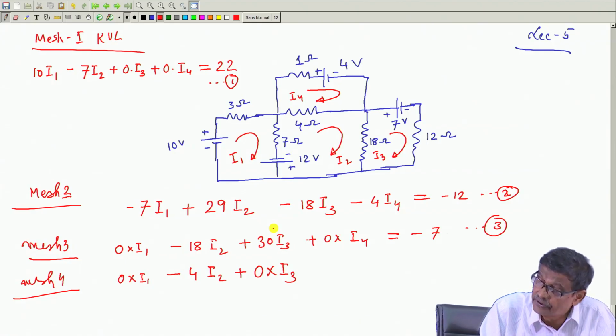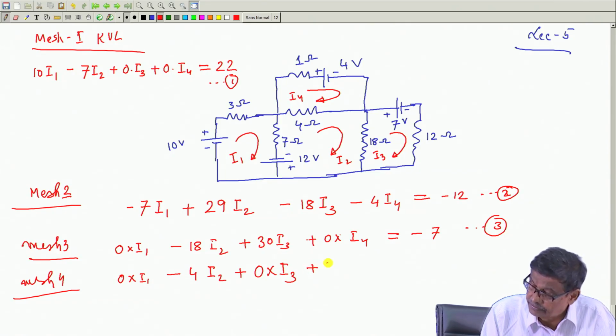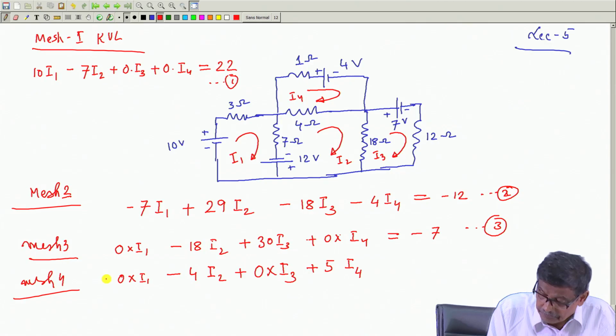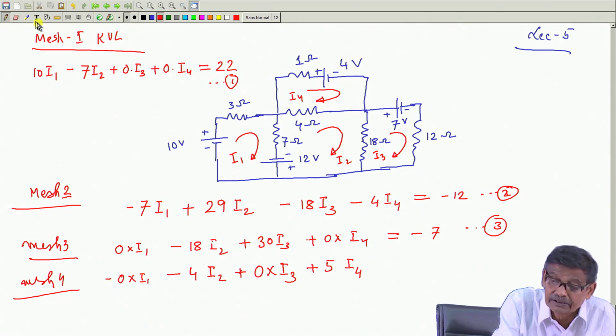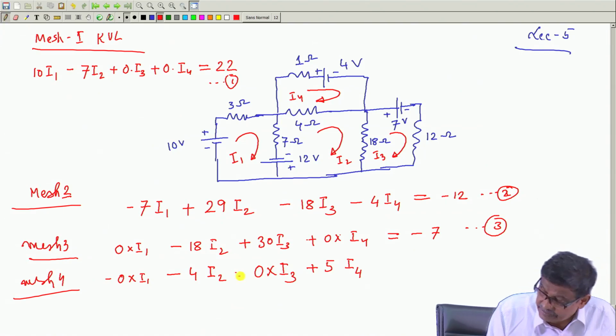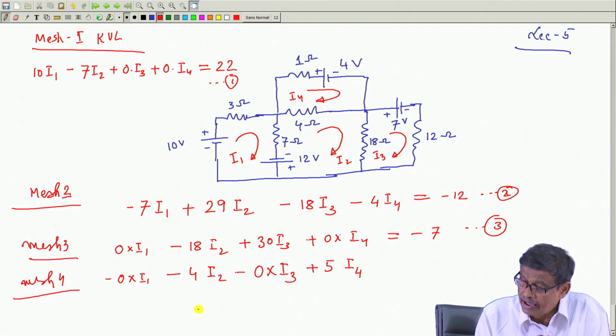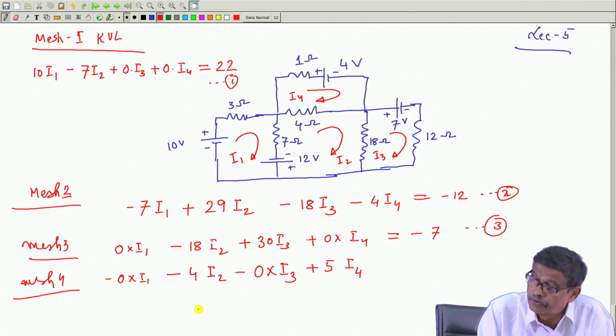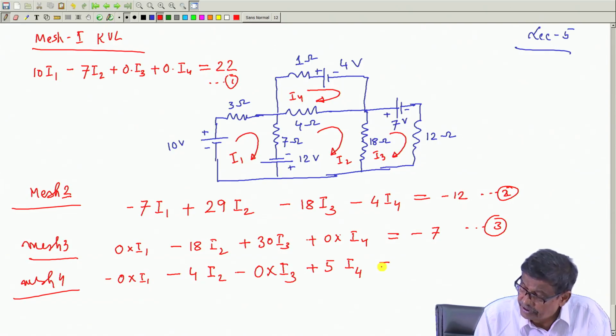And coefficient of I 4 should be the sum of all the resistances present in this mesh, which is 5 plus 5 into I 4. Here it should be strictly speaking minus, since it is multiplied by 0, okay, got the point, 0 means 0. So, anyway, to be consistent, and plus 5 into I 4, 4 plus 1, and this should be equal to.